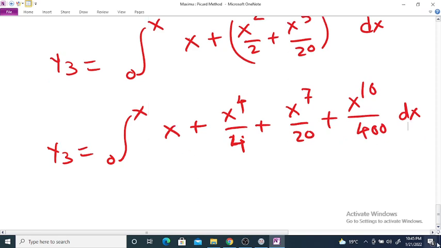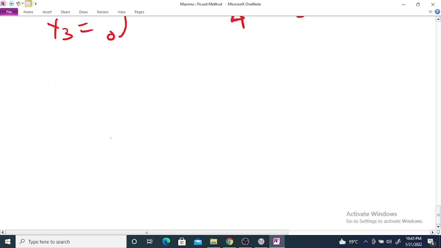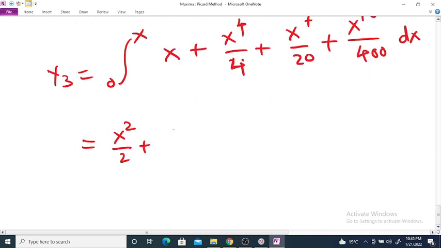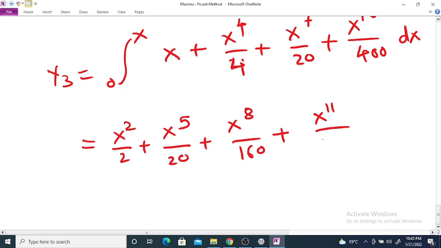So now if you take the integration, this is equal to x square by 2 plus x raised to 5 by 20 plus x raised to 8 divided by 160 plus x raised to 11 divided by 4400, and the limit is from 0 to x.